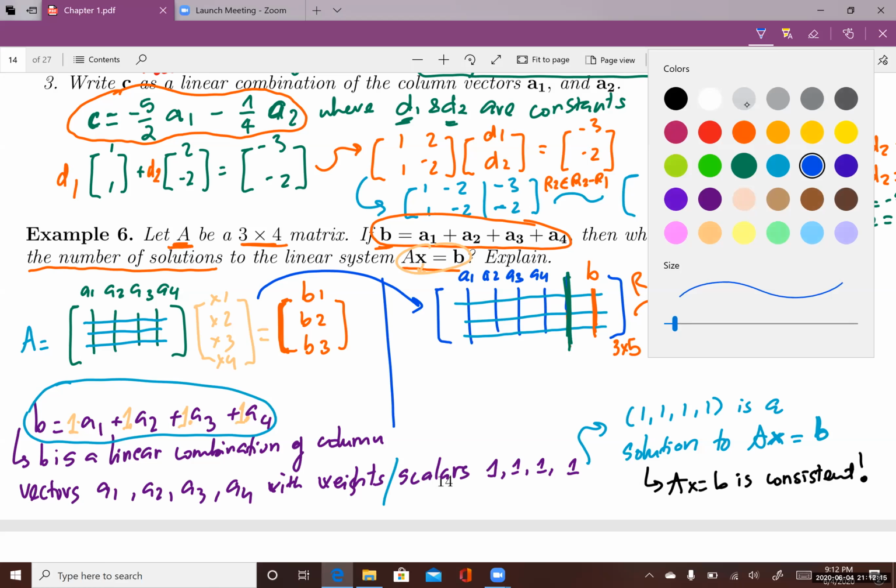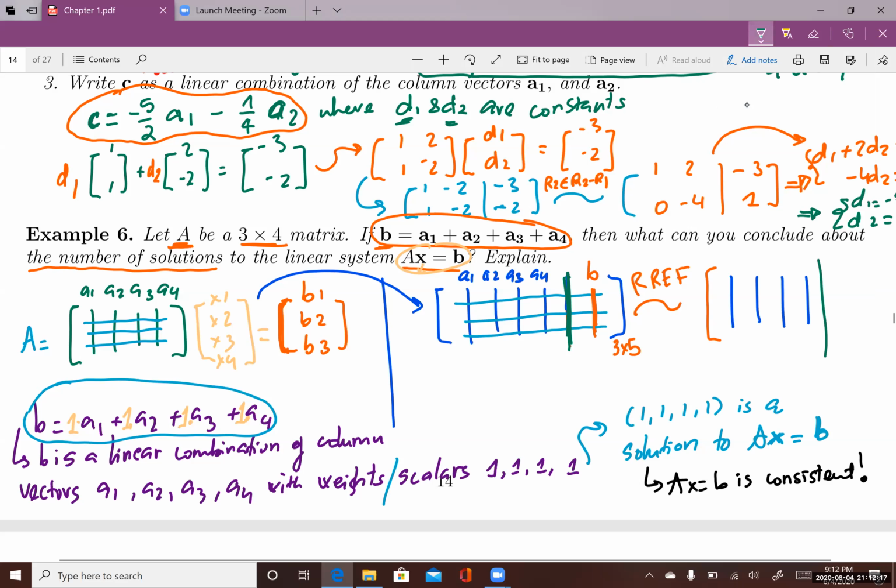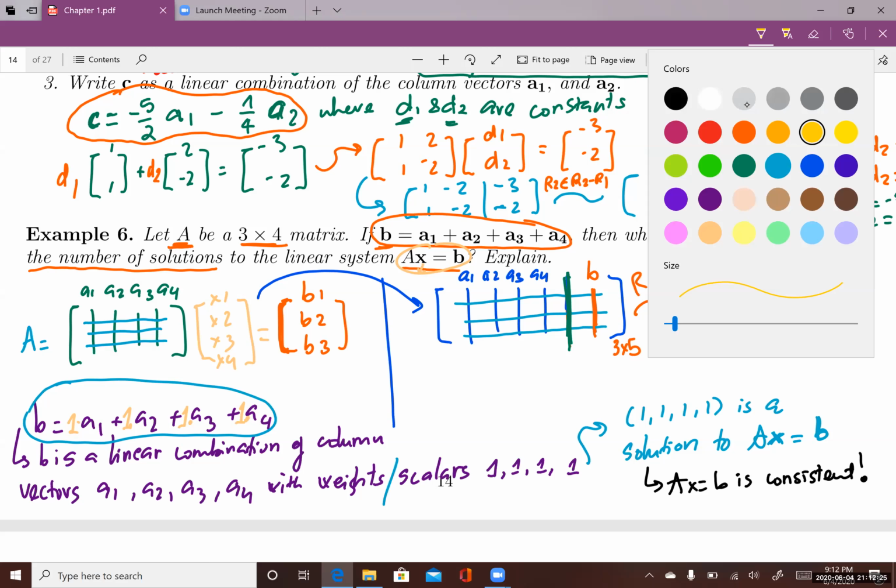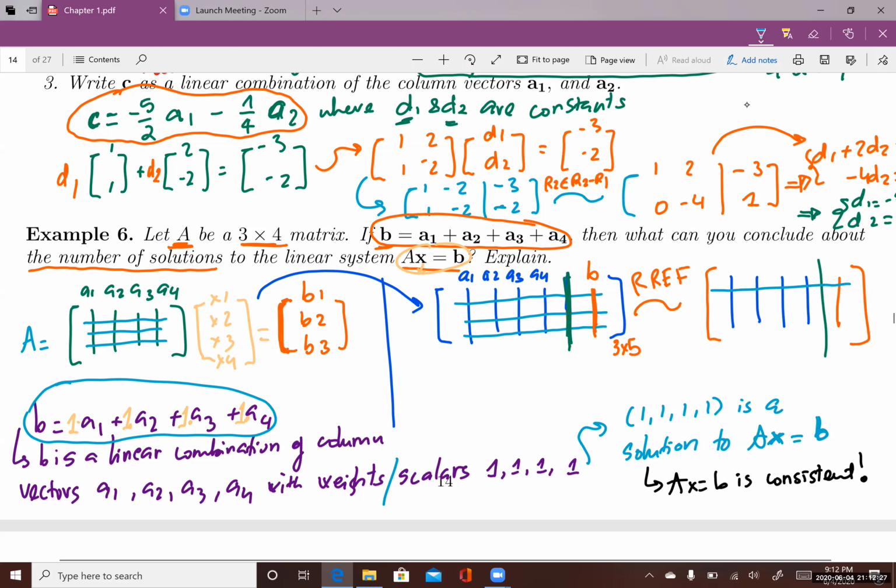So let's say 1, 2, 3, 4, right? And then I have a vertical bar here, and then I would have my B here. And I still have 3 rows. You can see here, let's say this is 1 pivot position, and this is another pivot position. Since I only have 3 rows, I have at most 3 pivot positions.